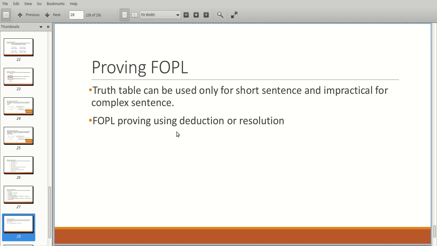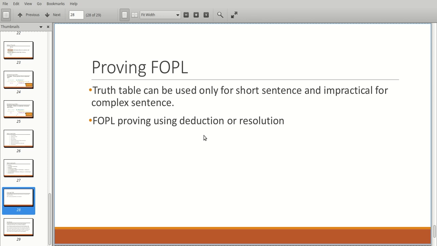You need deduction or resolution. So it requires more complex steps to prove first order predicate logic or predicate calculus, unlike propositional logic, where you can use a truth table.